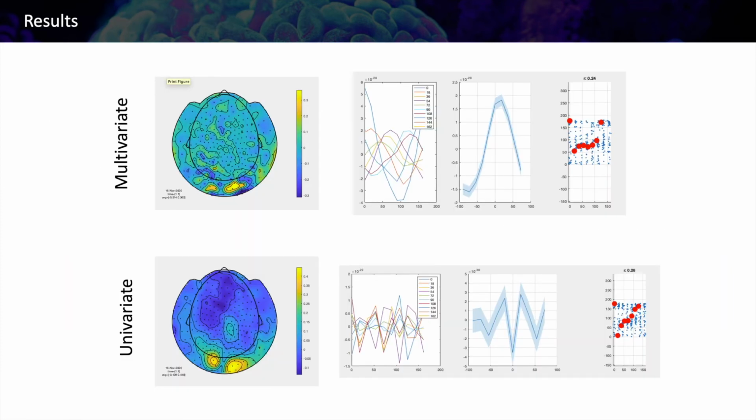Okay, so in the end, what you should get, if you run the multivariate approach with the encoding model and you try to predict activity, is this: the correlation between the actual activity in the second half of the experiment and the predicted activity in the second half of the experiment.